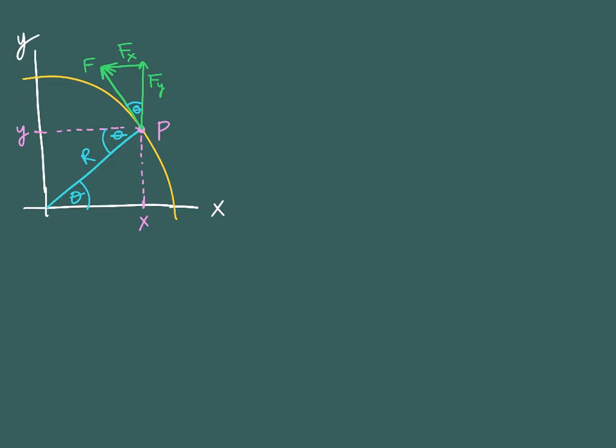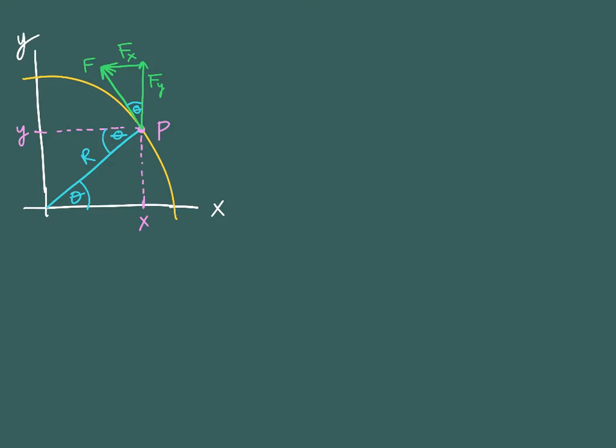I'm not going to prove every last piece of the geometry puzzle, but by similar triangles and whatnot, we can make that deduction. And that's going to be helpful because these angles theta are now related to two different things. It's related to lengths that are connected to the application of force, and it's related to the force itself.